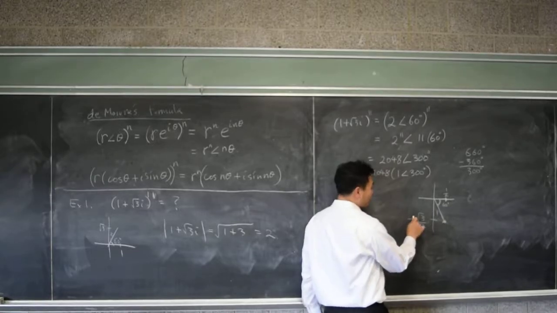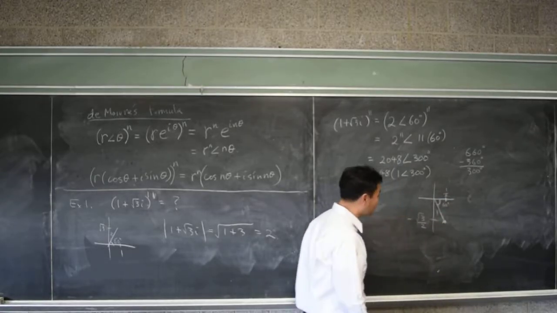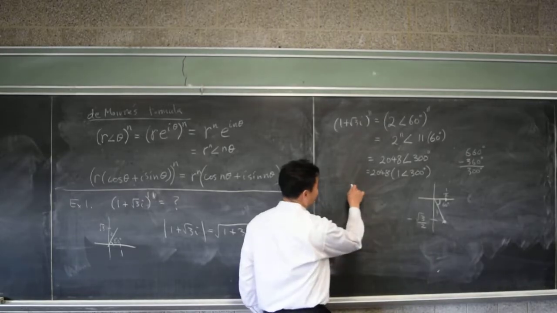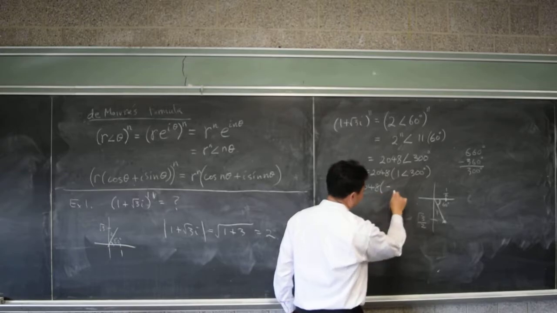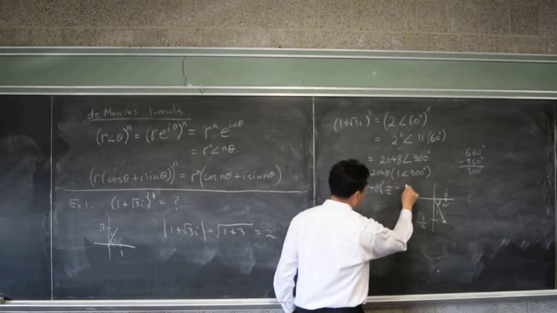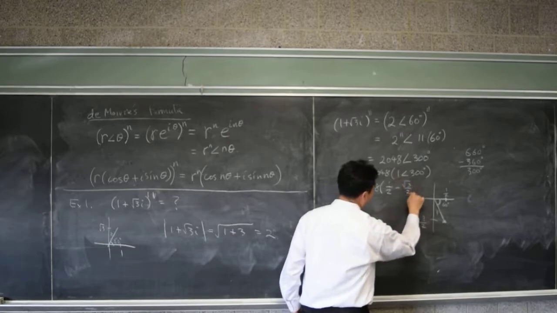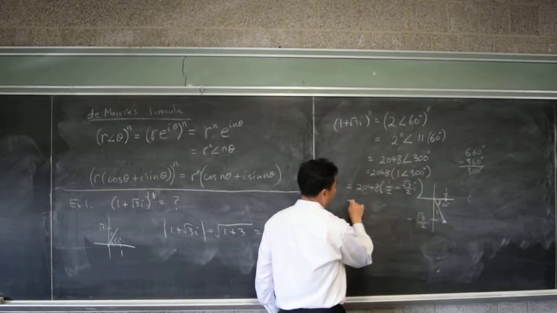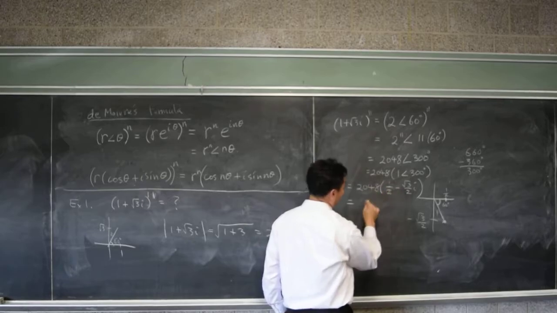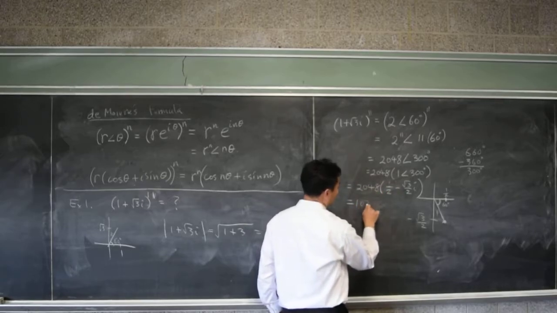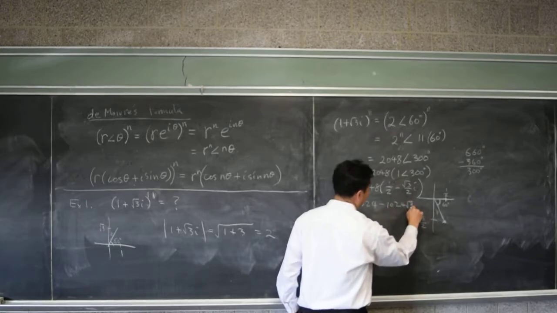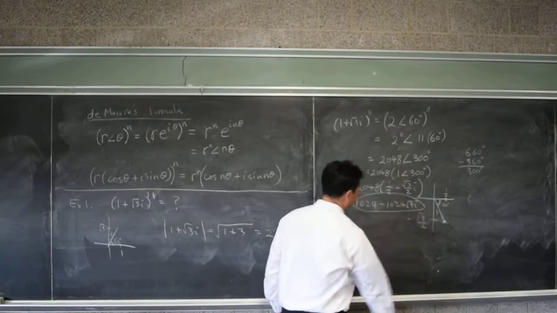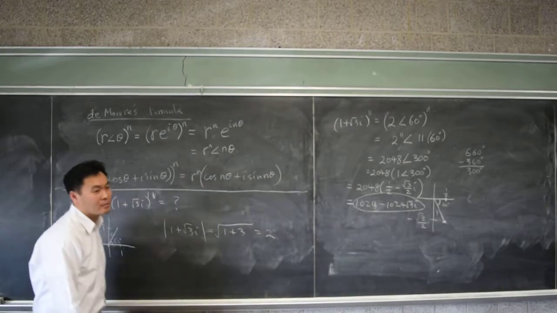Negative? It should be negative because it's on the x. So we know that this is 2048 times positive 1/2 minus radical 3 over 2 i. And if you multiply, you get 1024 minus 1024 radical 3 i. That's it.